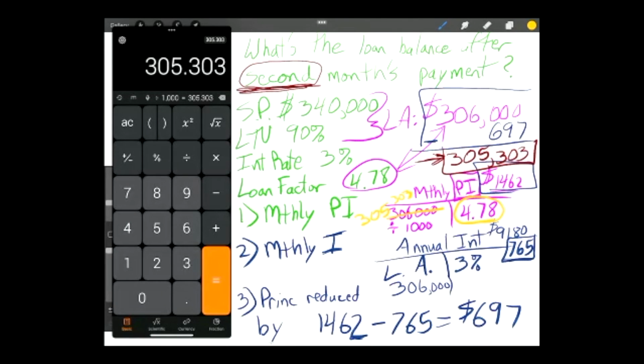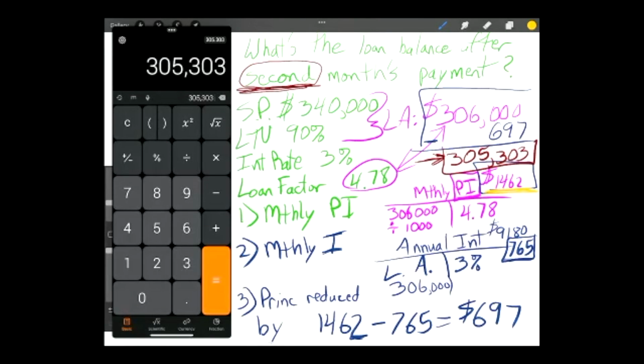Sorry. I don't want to mess you up. So need to divide by 1,000. Hang on a second. Let me make sure I'm not telling you wrong.